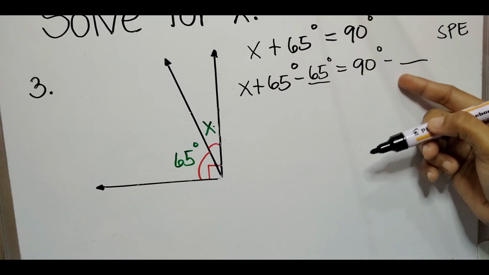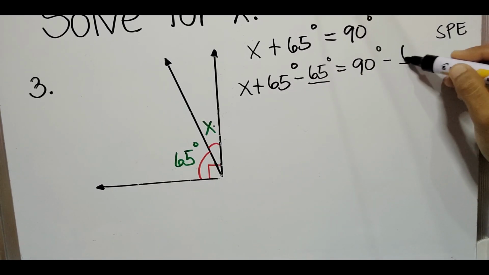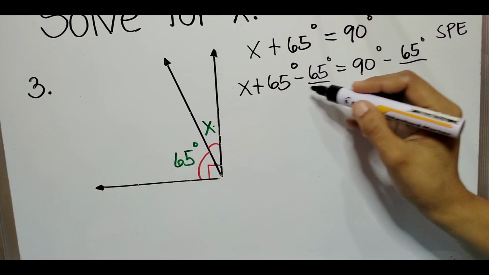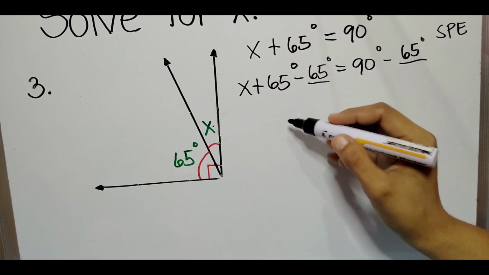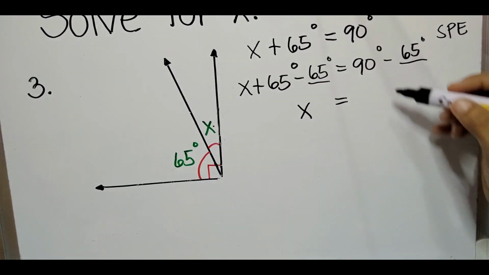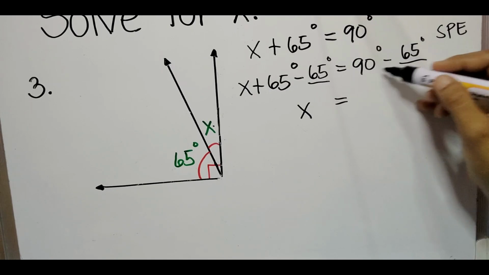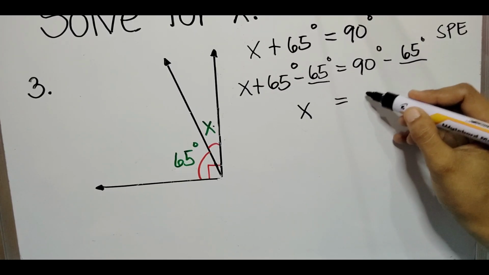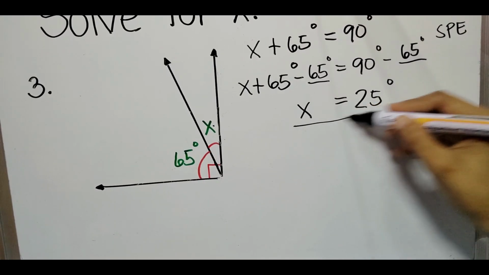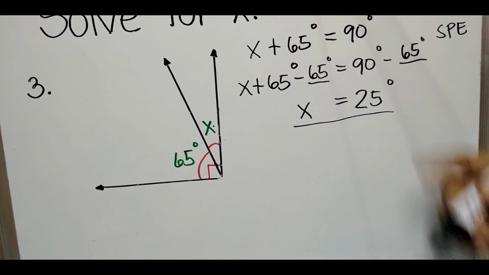To keep the equation balanced, we'll also subtract the same number here. So 65 minus 65 degrees equals 0, leaving x on the left side of the equation. Simplify this: 90 minus 65 degrees, the answer is 25 degrees.